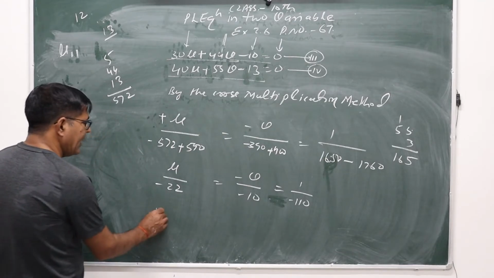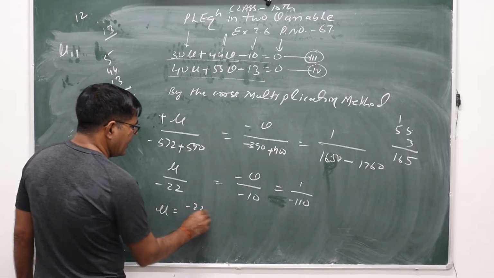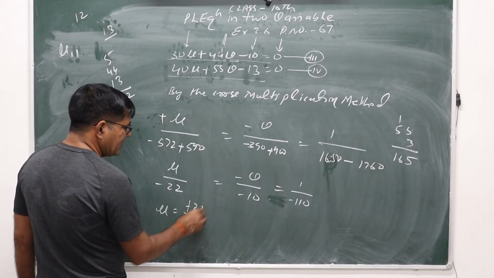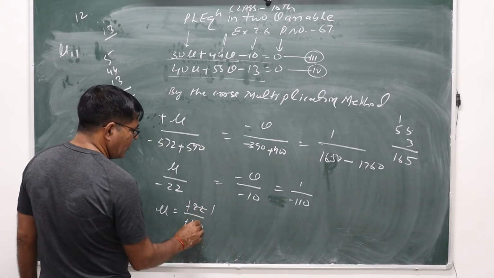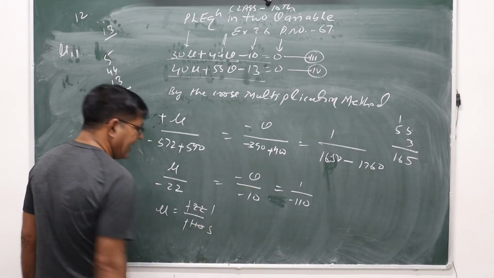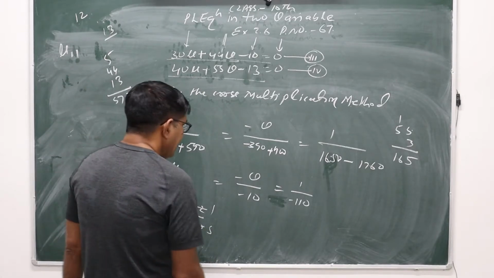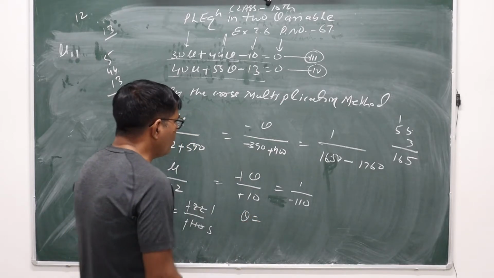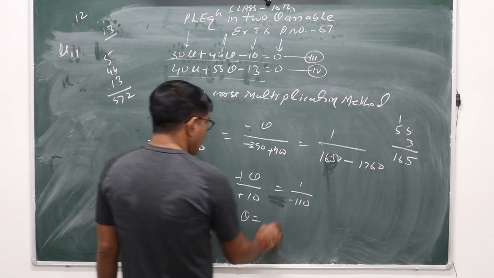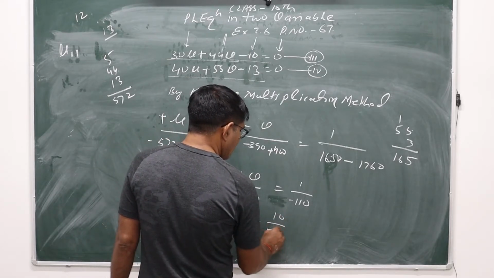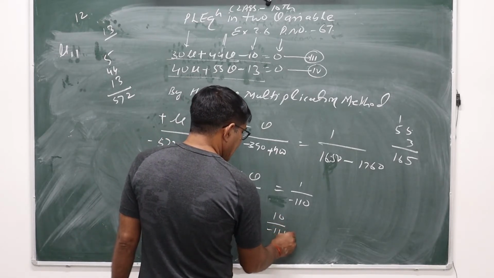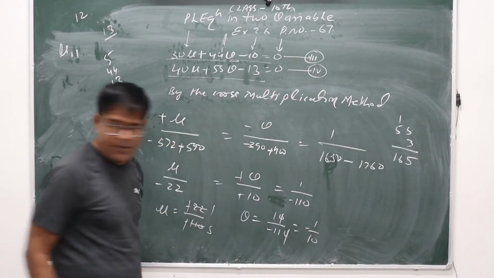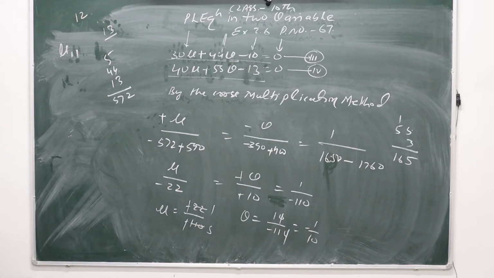So u will be equal to minus 22 upon minus 110, minus minus plus, 22, 1 twos are 22, 5 twos are 100, so 1 upon 5. Similarly, minus minus plus, v will be equal to 10 upon minus 110. 0 and 0 cancel, so minus 1 upon 11. So in this way we can solve for u and v.